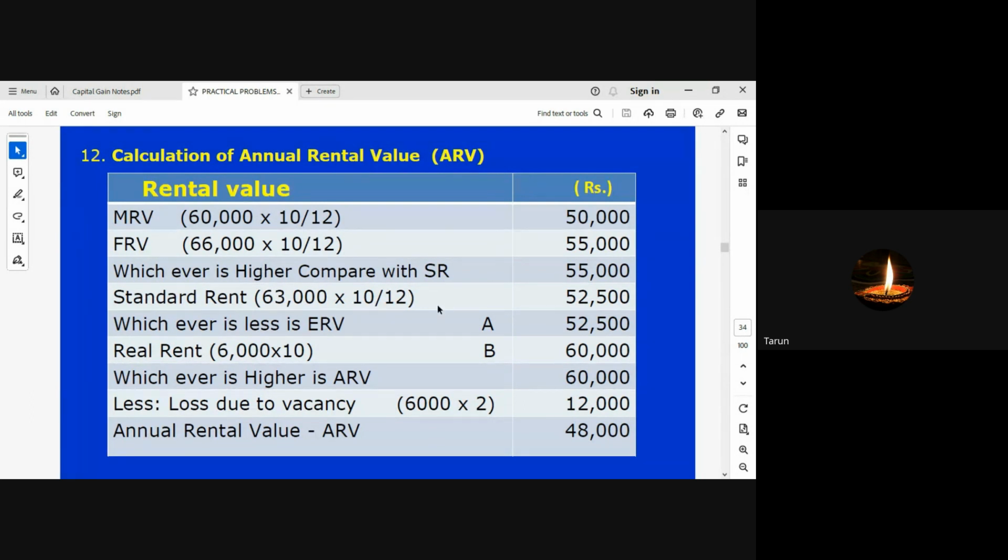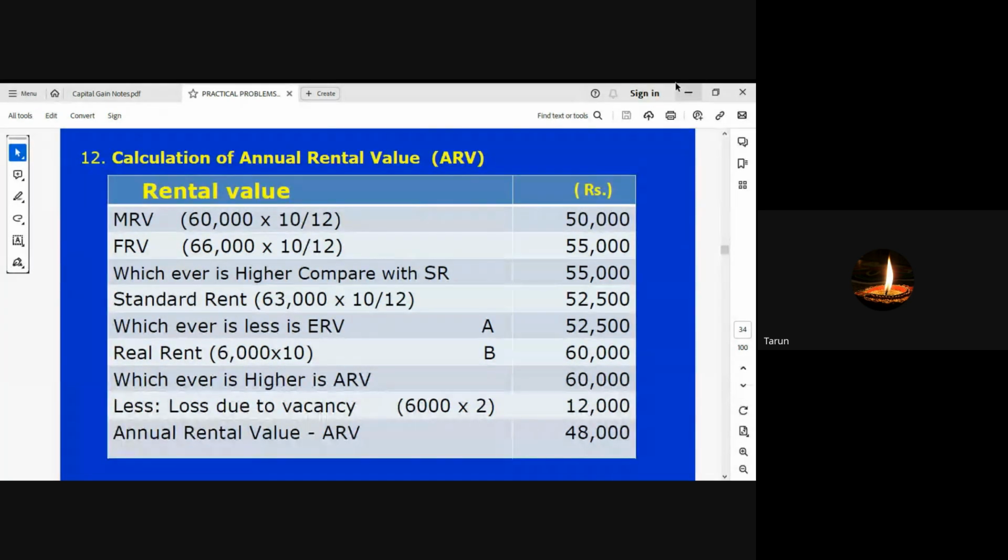Standard rent will also be estimated according to the months based on the date of completion. So that is 10 months by 12, that is 52,500. Whichever is less is the expected rental value. So the higher value is 55,000 and the standard rent value is 52,500. The expected rental value will become 52,500.